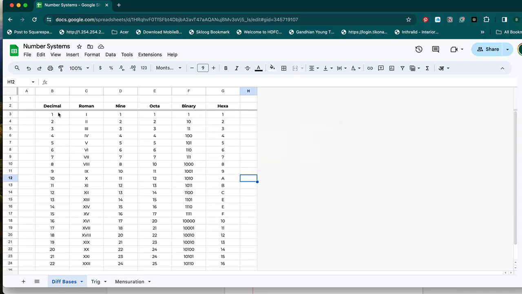So what I've done is I've written down all the numbers from 1 to 22 in different systems. The Roman system is where you use letters like I for 1. So 2 becomes 2 I's, 3 becomes 3 I's. But 4 is slightly different. You take IV, where V stands for 5, and I on the left means 1 less than 5, and therefore it is IV.